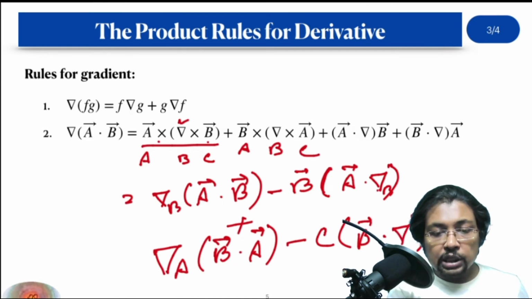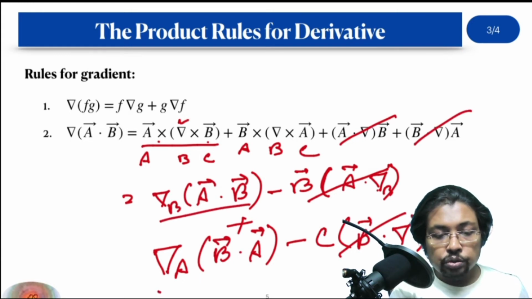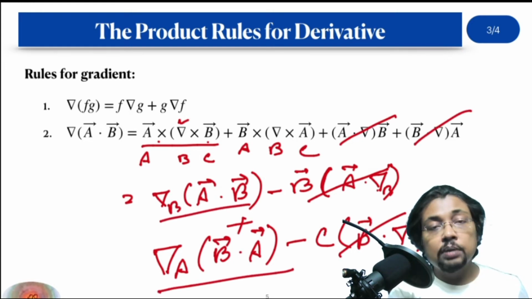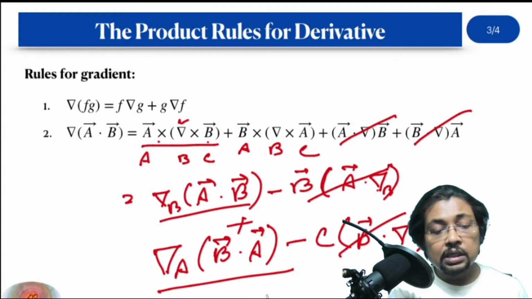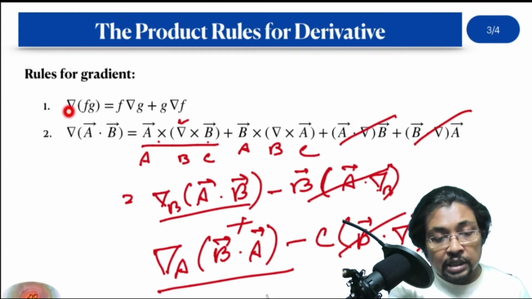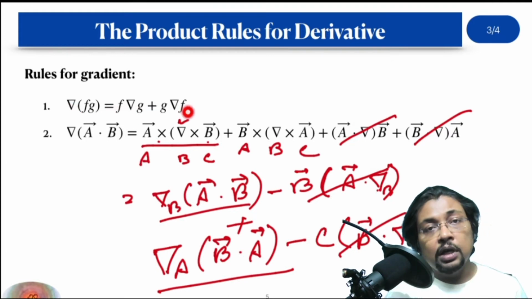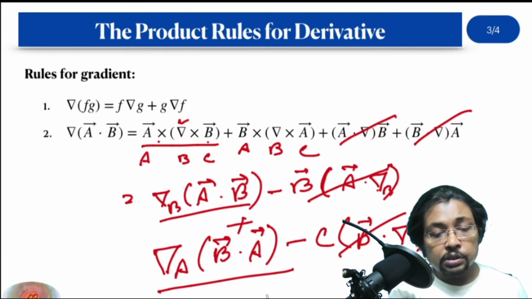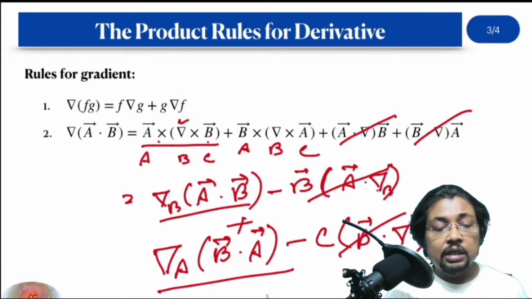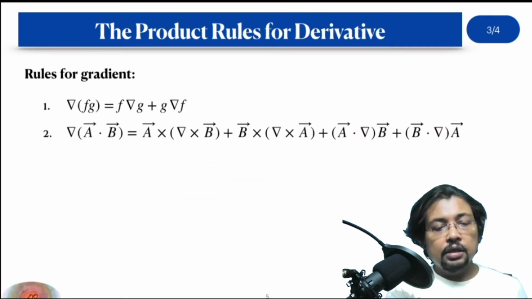Now from this expression you can easily see that this function gets cancelled and this one also gets cancelled, leaving these two terms. These two terms I discussed with you at the beginning of this slide. So this is basically the kind of operation that I already did for this scalar product. The similar operation you can see appearing here for this vector product.